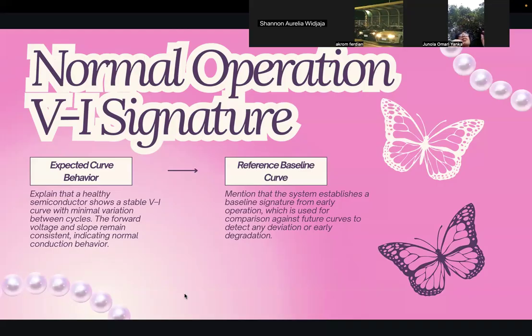And we use that baseline curve at the start of the device's operation, when it's essentially brand new, to compare it with future curves of the device so that we can detect any deviation or any degradation within the device in the future.